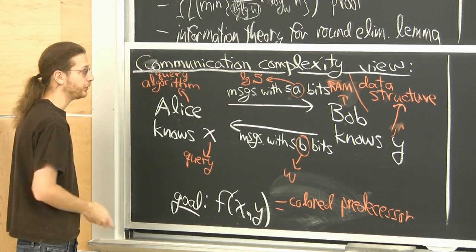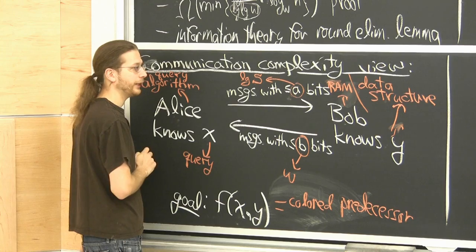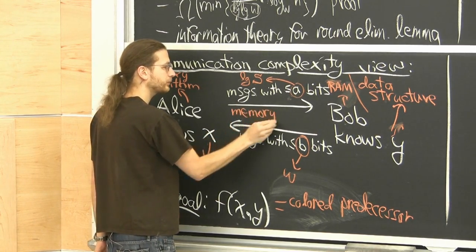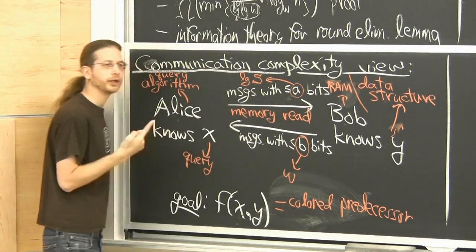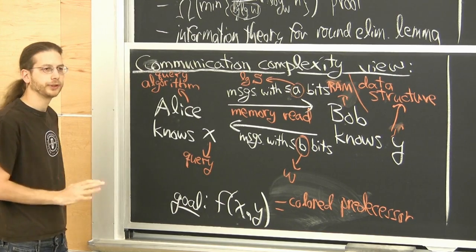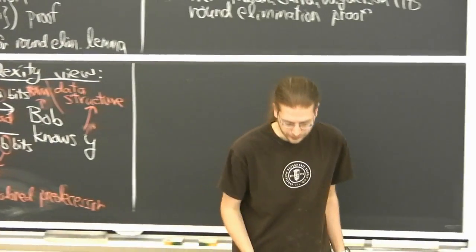So if you can prove a lower bound on how many rounds of communication you need, then you prove a lower bound on the number of memory reads. Each round corresponds to one word read from memory.